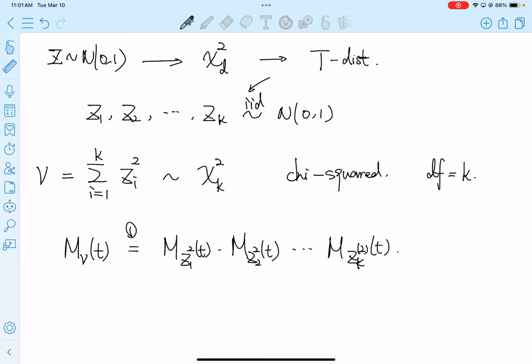This is property 1 when we introduced the properties of the moment generating function: the moment generating function of the sum is equal to the product of the individual ones. Is there any question over there?